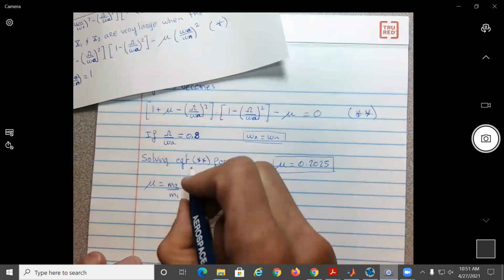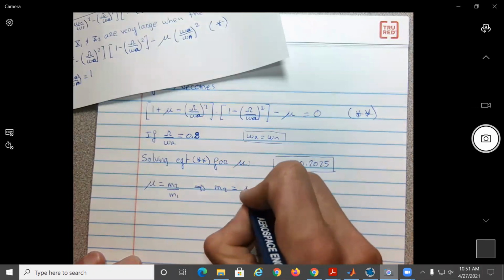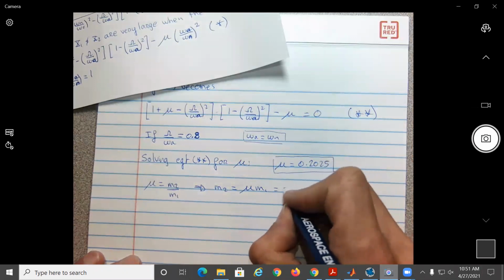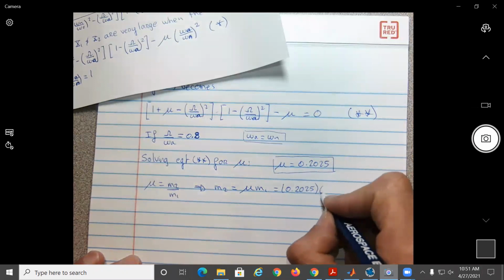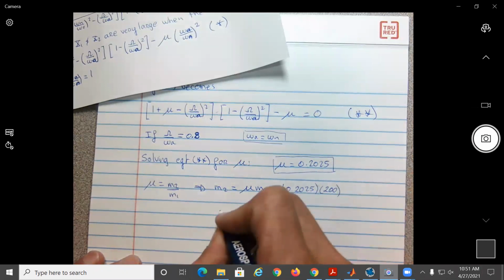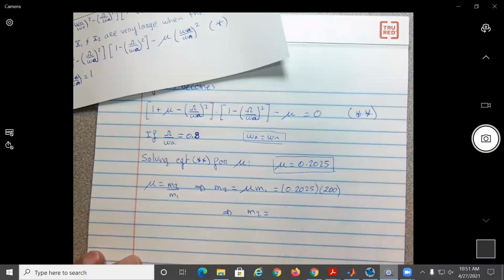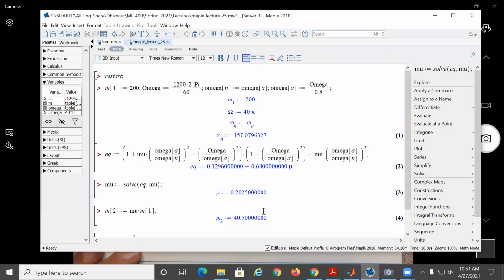So now we can solve for M2, which will be equal to mu times M1, which is 0.2025 times 200. Once you do the calculations, this will give you M2 equal to, I think it was 40.5, but let's check over here. Yeah, 40.5 kilograms.